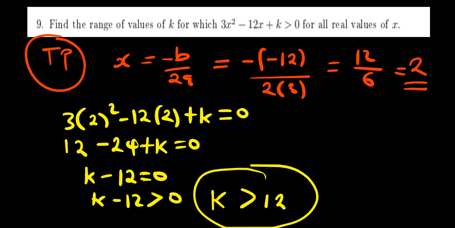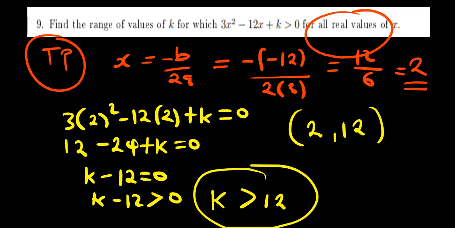So the graph is going to start at 2 comma 12, and they've told you real values, so you want all the values that are positive. For x, you start at 2 going all the way to positive infinity.